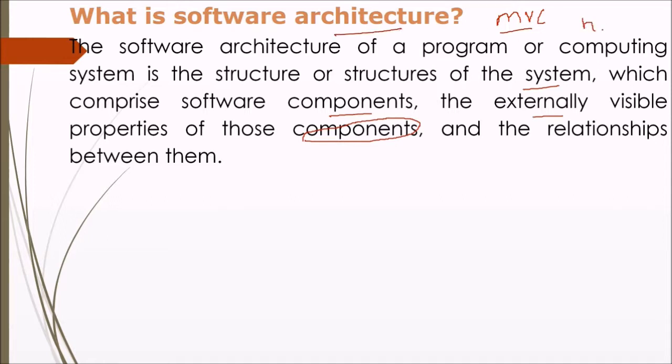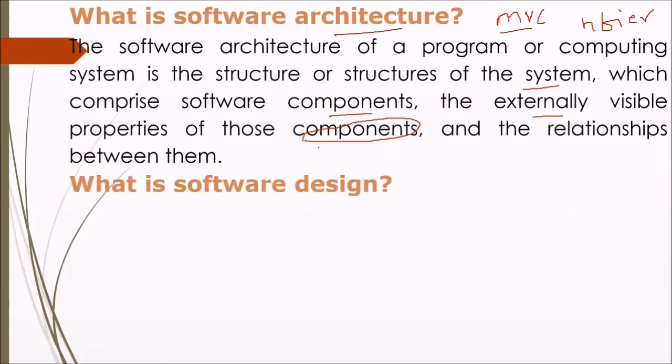Client-server or, say, N-tier architecture is an example of architecture. So the components, how they are structured and what is the relationship between these components is the software architecture. And this software architecture is the basic building block where you can actually start designing your software or the program.